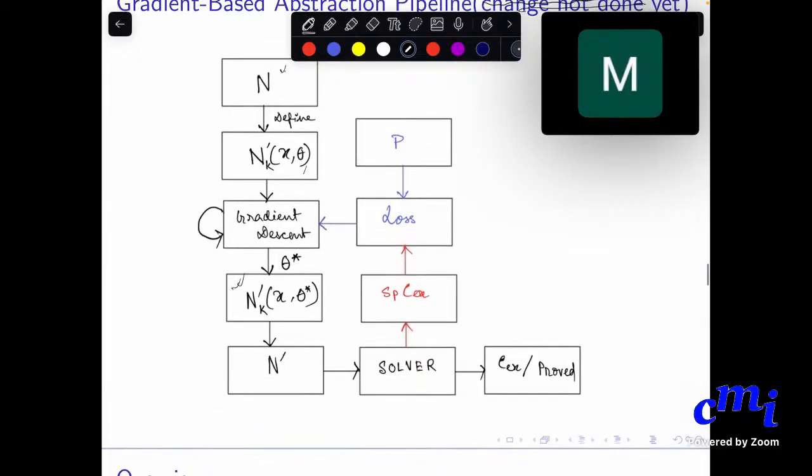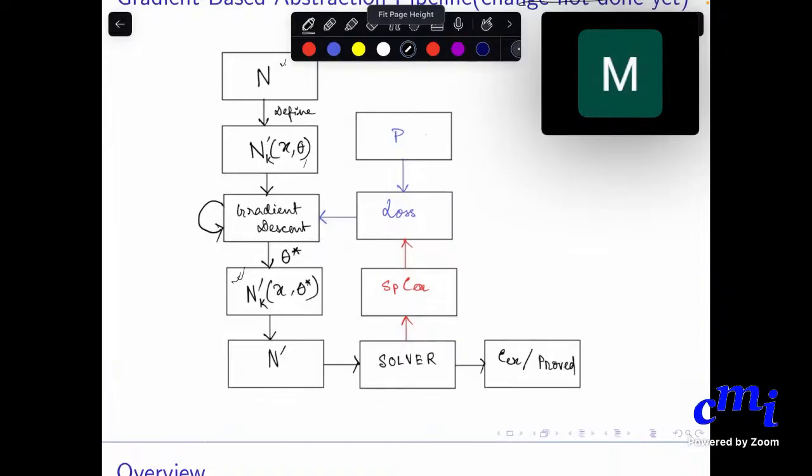So when we do this gradient descent part, it will take like a training of a DNN. It will include the loss function, and this loss function is defined on the property that we want to validate. And after we get this N dash, we'll feed it to the solver.